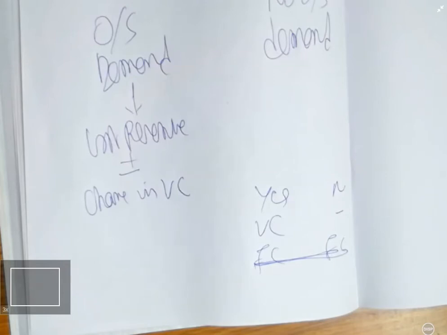Any doubts on this? Yeah. You are including the lost revenue here, but using the bank A or bank B example, why don't we include that revenue which will be generated by the bank?